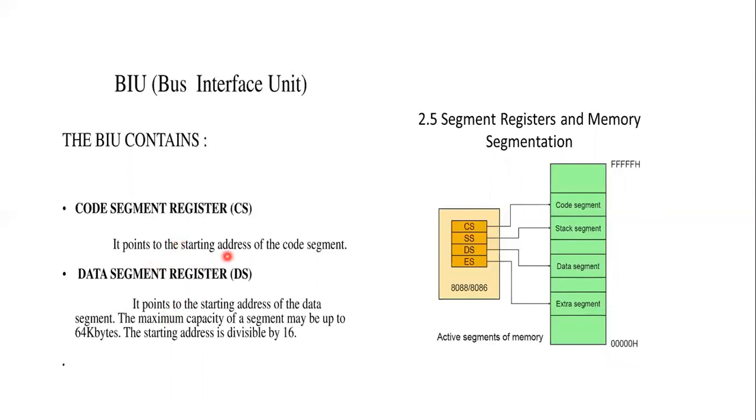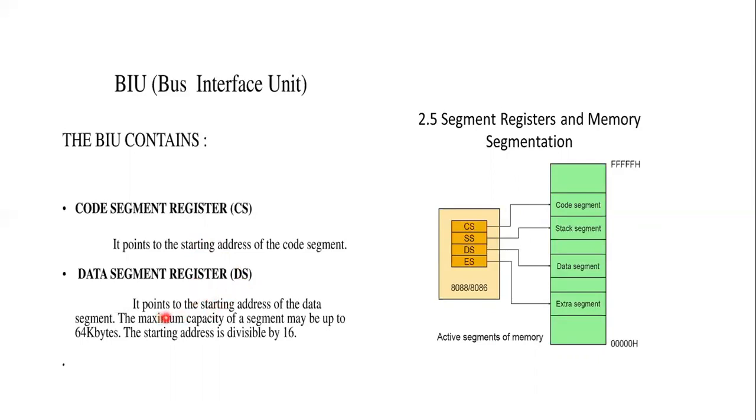So it points to the starting address of the code segment. The code segment register cannot be changed directly. The code segment register is automatically updated during far jump, far call, and far return instructions. So this is the use of the code segment register.